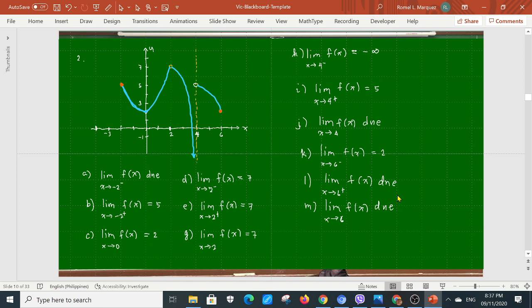We call these one-sided limits. Take note, like for instance, letter B, the limit exists from the right as x approaches negative 2. As x approaches positive 4 from the right, the limit exists. So, if you are interested only on one side direction of the limit, we have what we call one-sided limits.